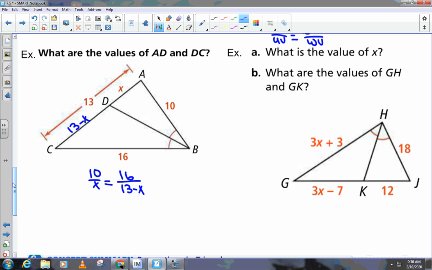Then we cross multiply, we get 130 minus 10x equals 16x. We're going to add 10x to both sides. We get 130 equals 26x. And 130 divided by 26 is 5.